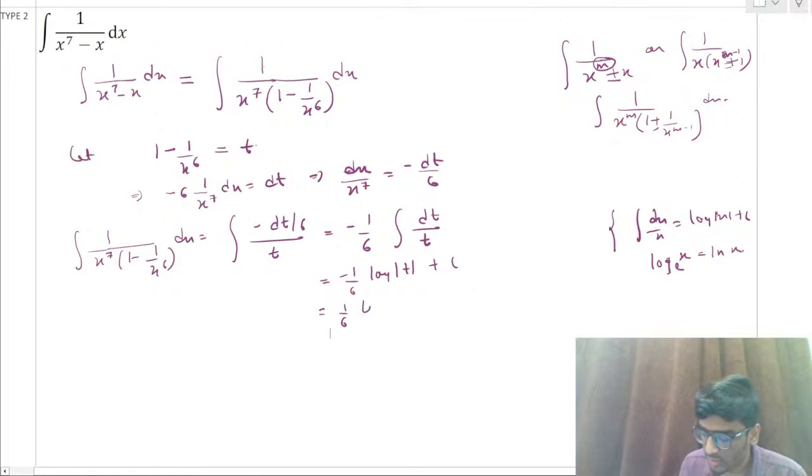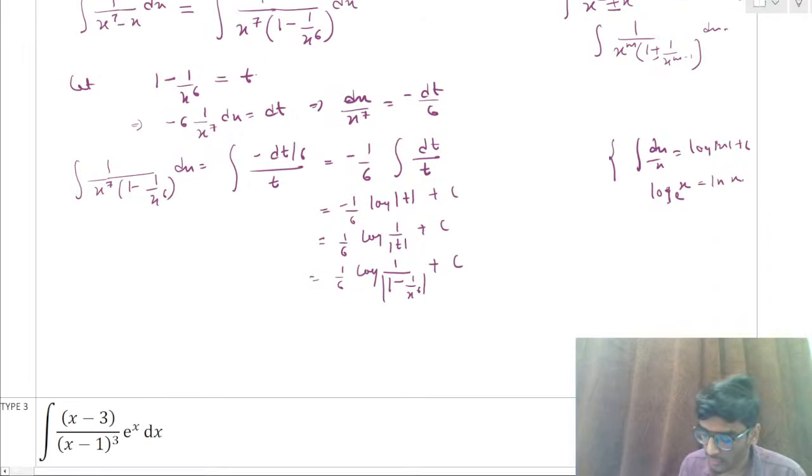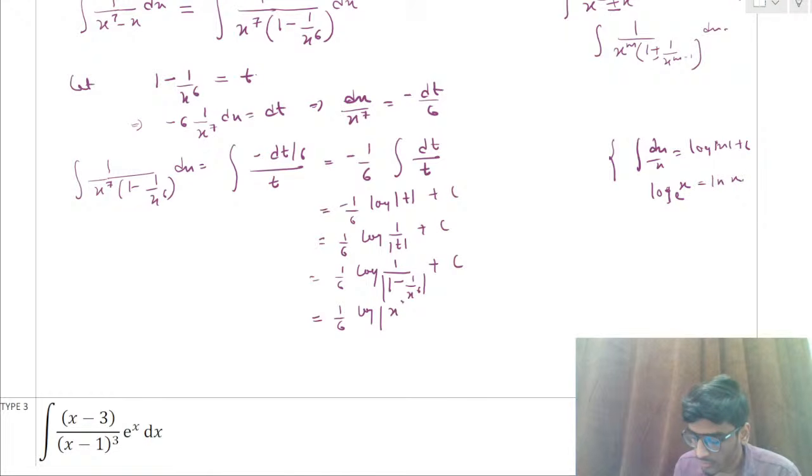Here what have we taken t as? t is 1 minus 1 upon x raised to 6. So this becomes 1 upon 6 log of mod t, which becomes x raised to 6 minus 1 upon x raised to 6.